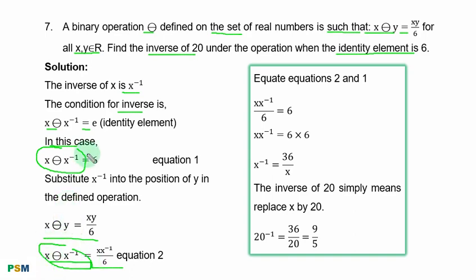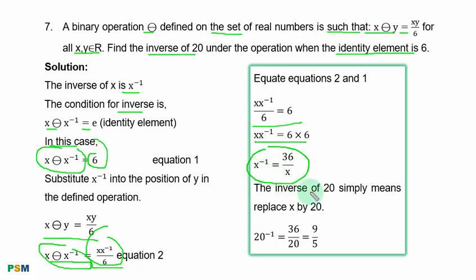By implication, the right hand sides are also equal. So you equate them. Multiply through by 6 to clear fraction. Divide both sides by s to get s inverse.